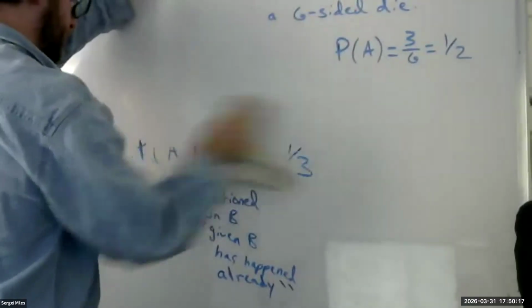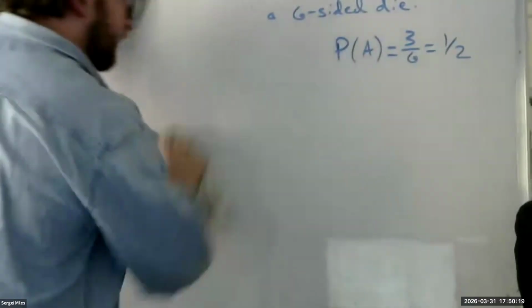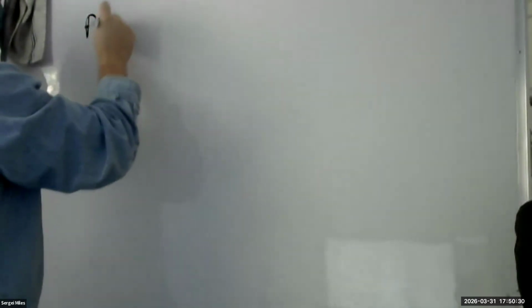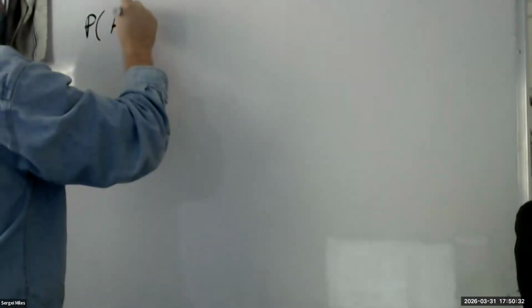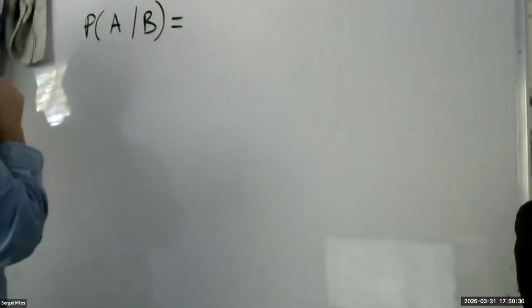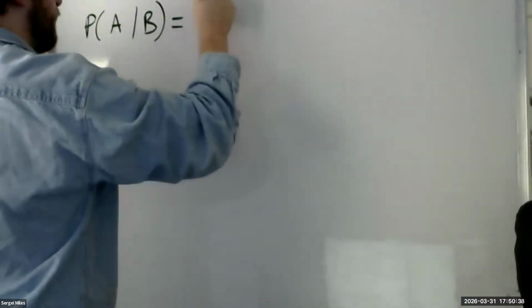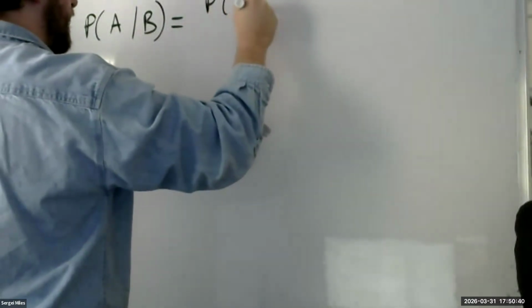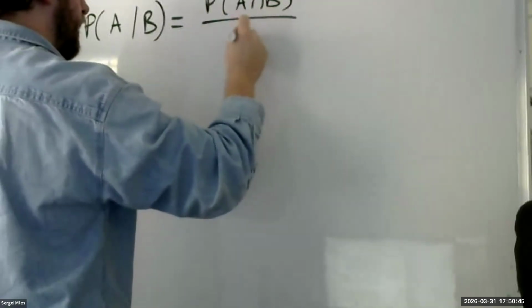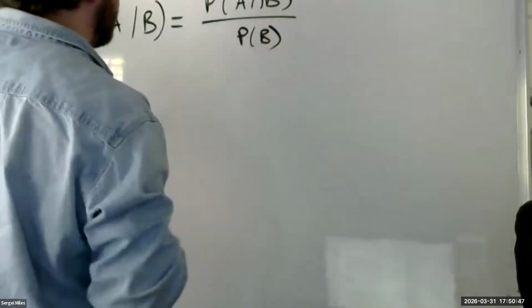In general, the idea is that the probability of A conditioned on B is the probability that I have A and B divided by the probability of B.